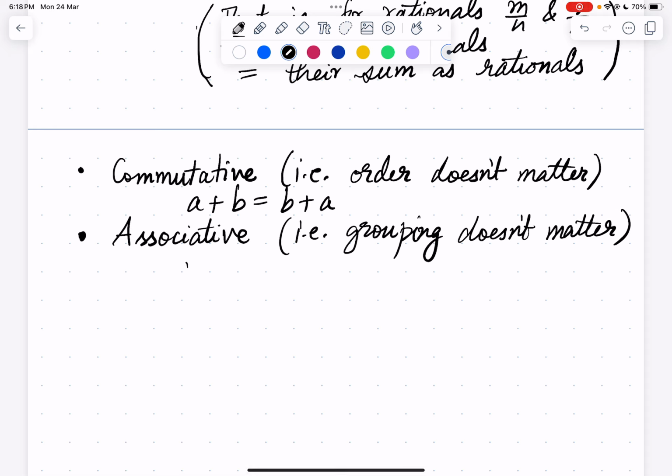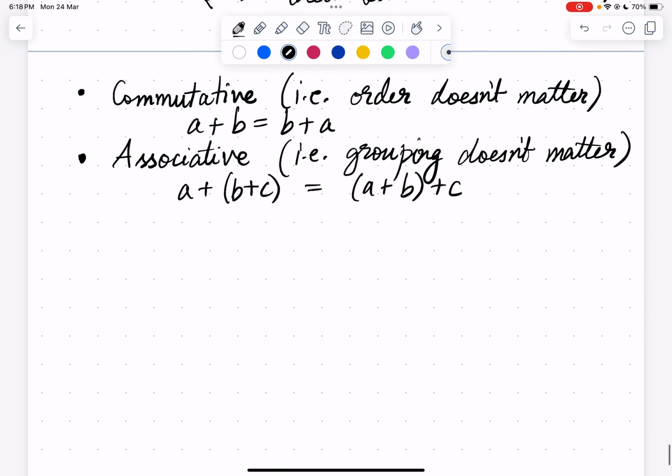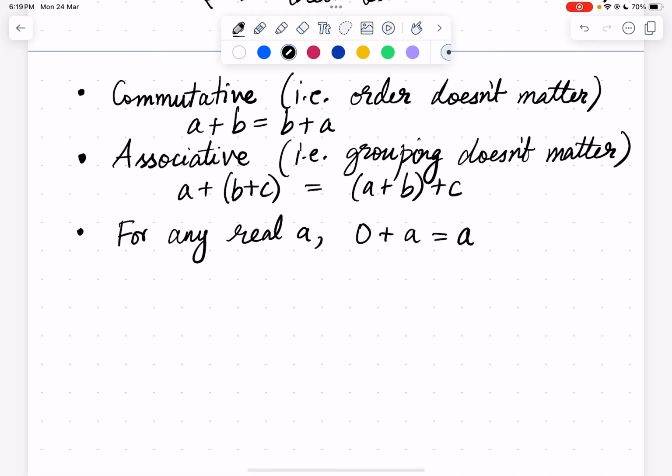So a plus b plus c grouped together is a plus b grouped together plus c. So we have associativity, and we have another property. For any real a, 0 plus a is a. So adding 0 to any real number doesn't change that real number.